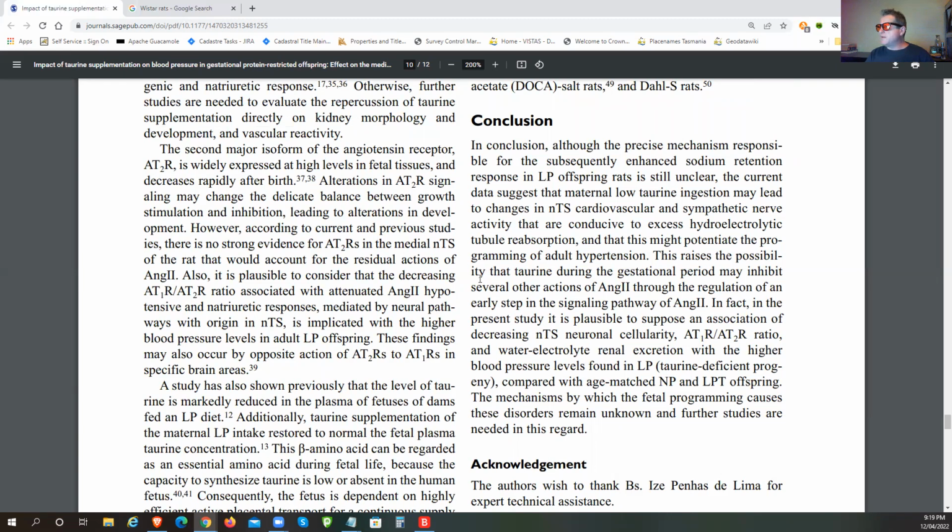This raises the possibility that taurine during the gestational period may inhibit several other actions of angiotensin II through the regulation of an early step in the signaling pathway of angiotensin II.